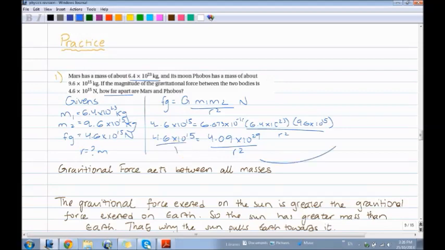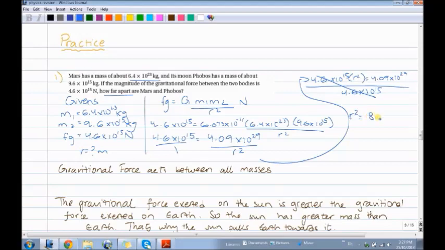So let's go here. 4.6 times 10 to the power of 15 times R squared equals 4.09 times 10 to the power of 29. Now we're going to divide this by 4.6 times 10 to the power of 15. So R squared equals 4.09 times 10 to the power of 29 divided by 4.6 times 10 to the power of 15.